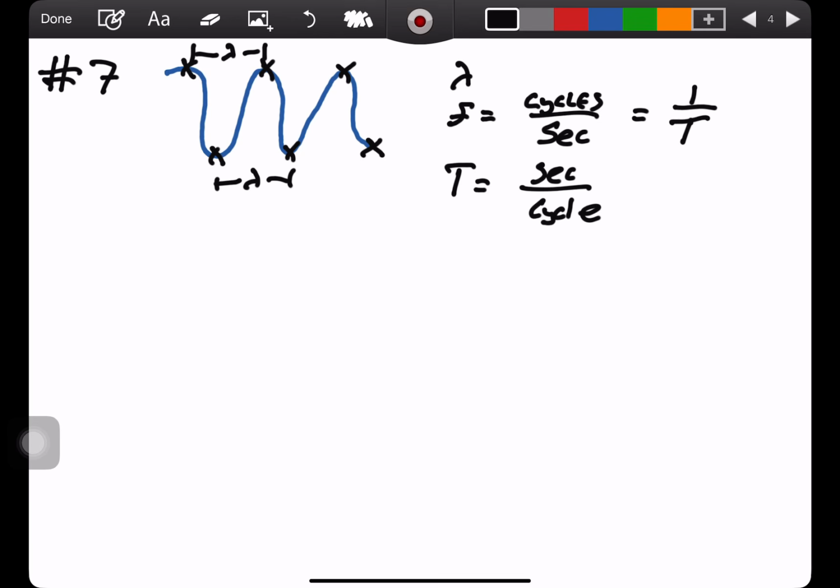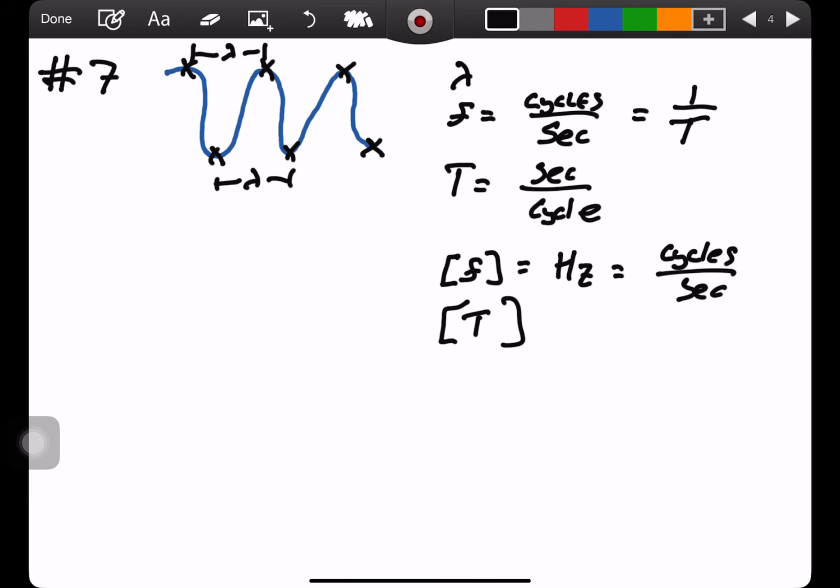Frequency, cycles per second, is given in units of hertz. So the dimension on frequency is hertz, which is cycles per second. And the dimension for period, seconds per cycle, is just going to be seconds.